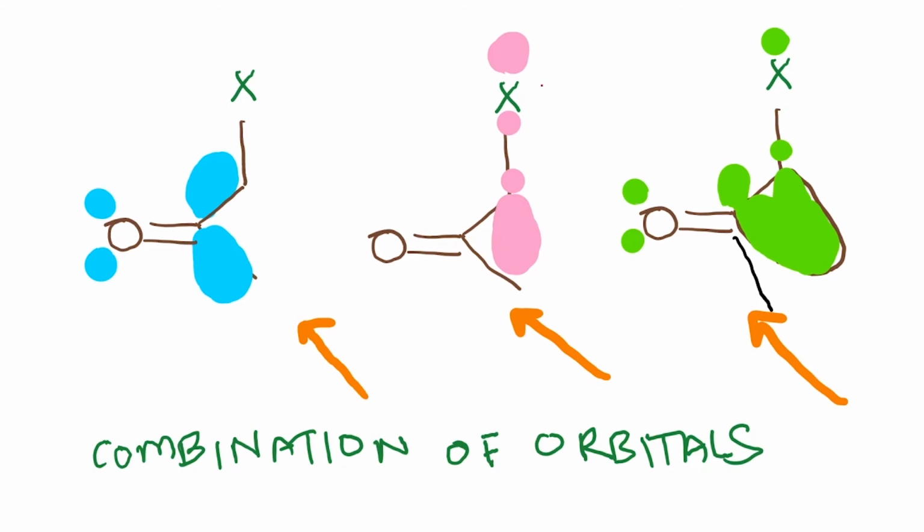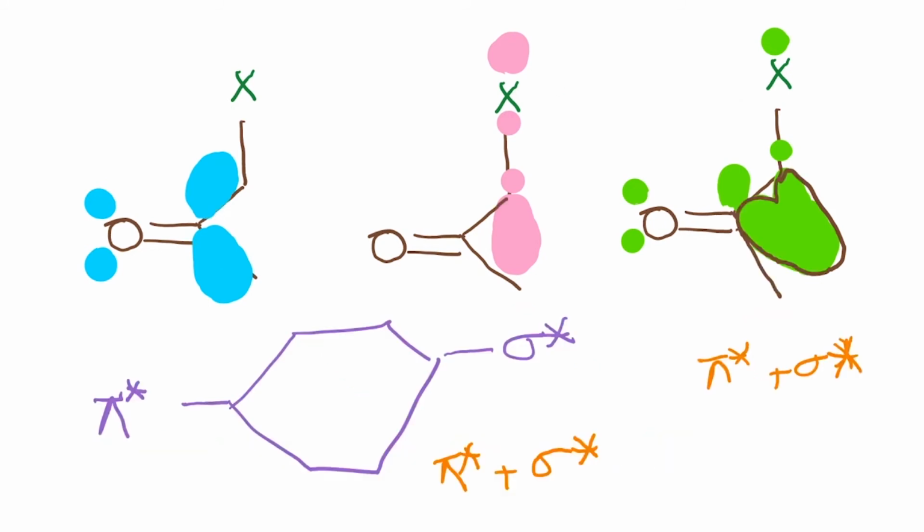This is the sigma star of the C-X bond, where there is some amount of orbital here, and some amount of orbital here. And now when these two combine, they're going to produce a new set of orbitals, a combination of orbitals, which is going to be the new LUMO. As we saw with the previous case, the new LUMO is substantially lower in energy compared to the original LUMO that we had considered.